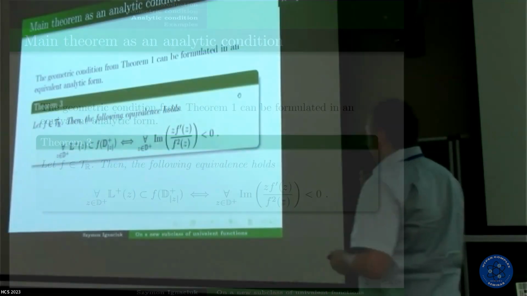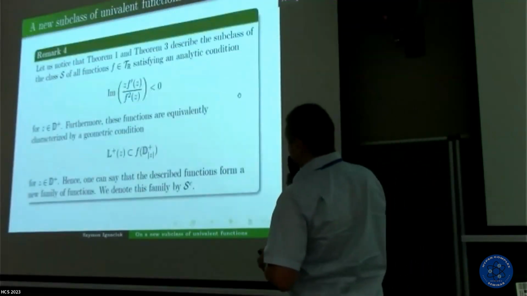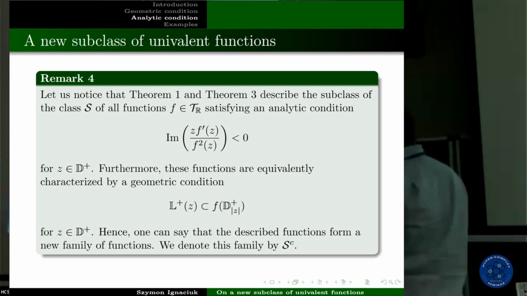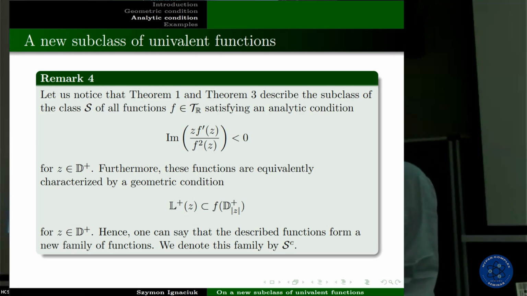And of course, in this situation, we can say that Theorem 1 and Theorem 3 describe the subclass of the class S of all univalent functions f belonging to TR, satisfying the analytic condition which I showed before. And furthermore, these functions are equally characterized by a geometric condition. Hence, one can say that the described functions form a new family of functions. We denote this family by SC.